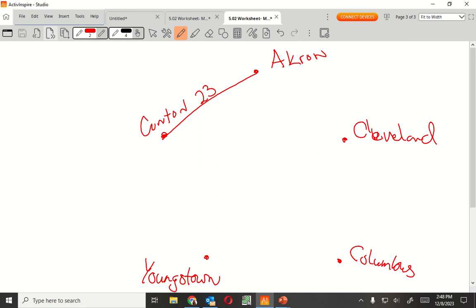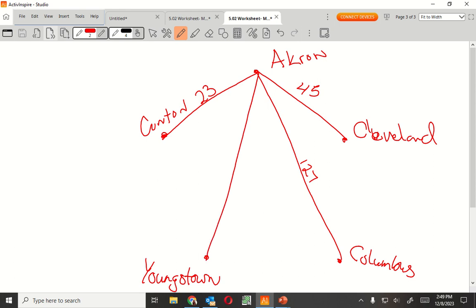Okay, the next line is from Akron to Cleveland is 45. From Akron to Columbus, 127. And from Akron to Youngstown, 48. So we're creating the weighted graph for this.